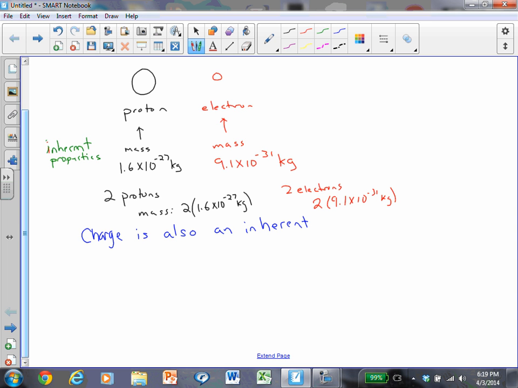An electron has what we call a negative charge. So for mass, mass has the property of attraction. Masses attract. Okay?